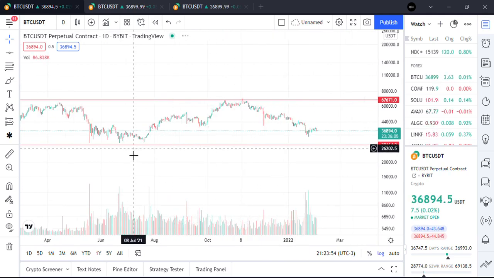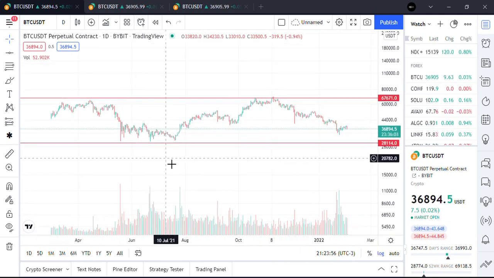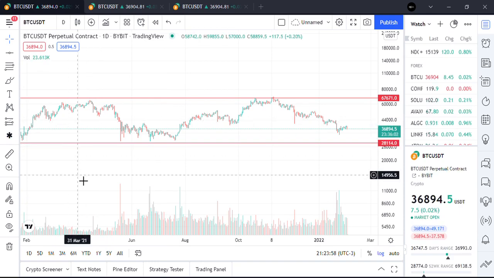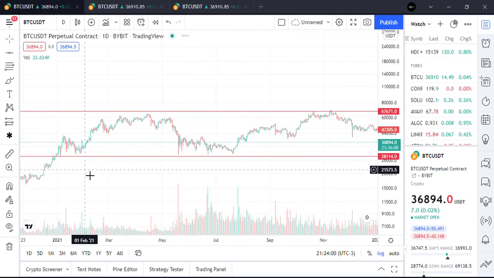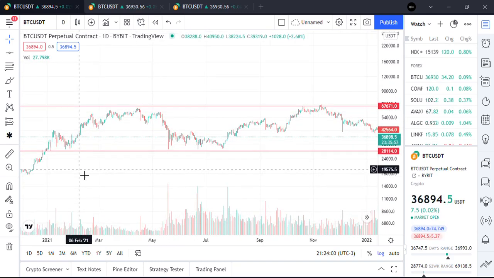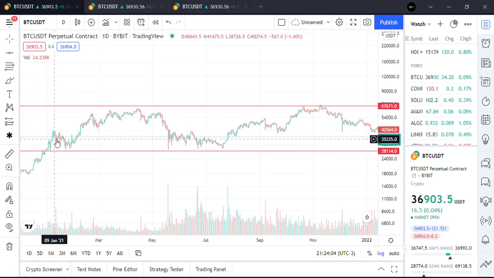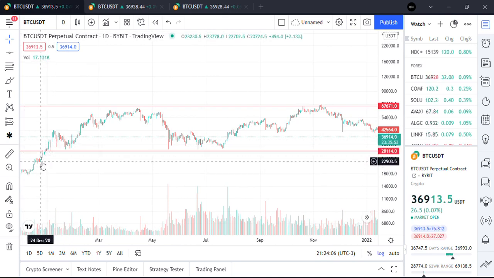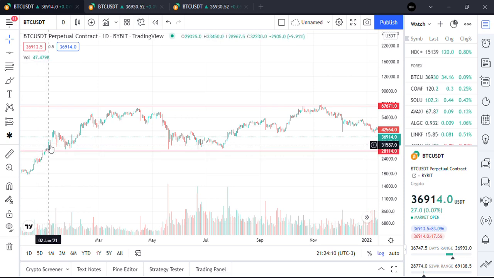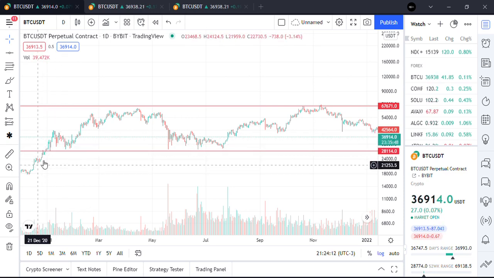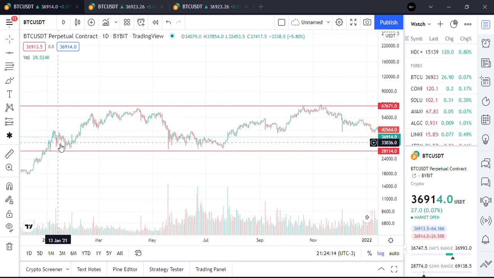You can see that price has really been respecting these lines. You can see we have more candlesticks. Price came in, price broke this. This was a resistance before. Once a resistance is broken, it turns to a support. So you can see that price broke this resistance and it came down and retested. So it's now a support.